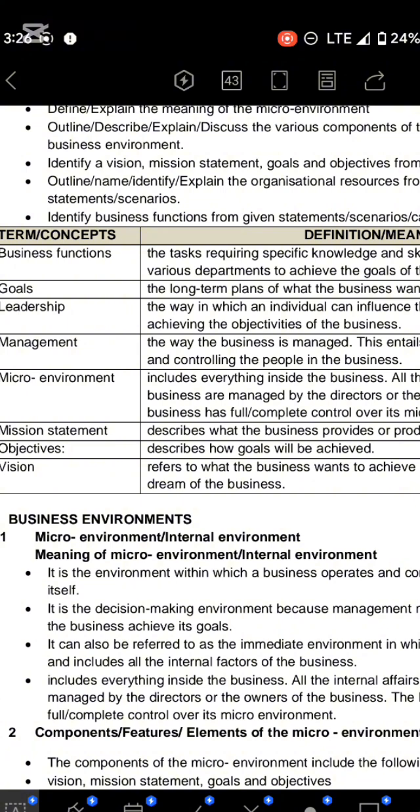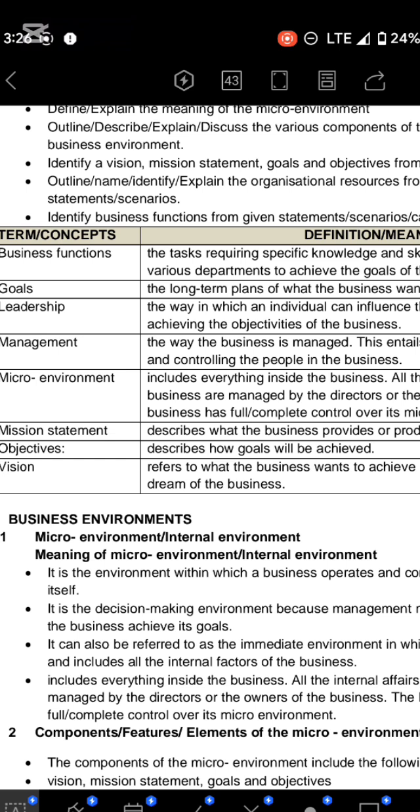So functions, think about a business being a body. Your body has hands, feet, right? You have your stomach and other parts, and these basically form part and parcel of your body.